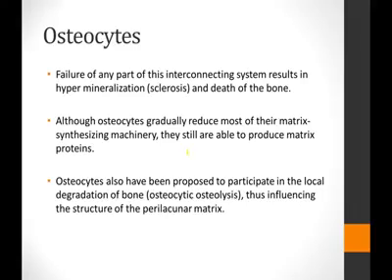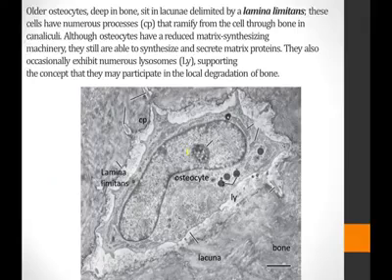That is how they influence the structure of the matrix around the lacunae, which is called the perilacunar matrix. Because the osteocytes have the ability to locally degrade the bone by the process of osteocytic osteolysis, it is believed that they can influence the structure of the matrix in their surrounding, the perilacunar matrix.